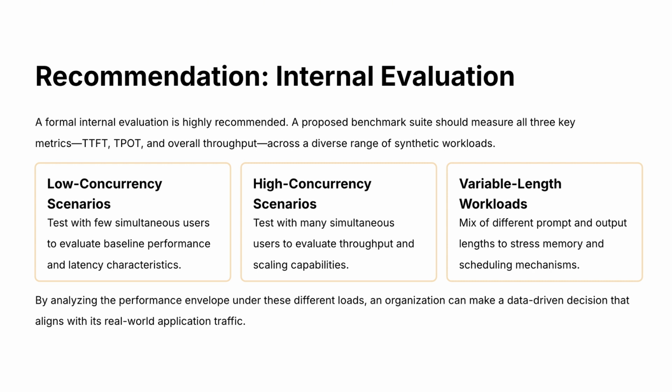Low concurrency to assess baseline performance and latency when the system is not under stress. A high concurrency scenario, which tests how the system scales under pressure. And then variable length workload to simulate real-world usage. By analyzing performance across these three main spectrums, you build a performance envelope that reflects your actual traffic pattern, enabling a data-driven decision.